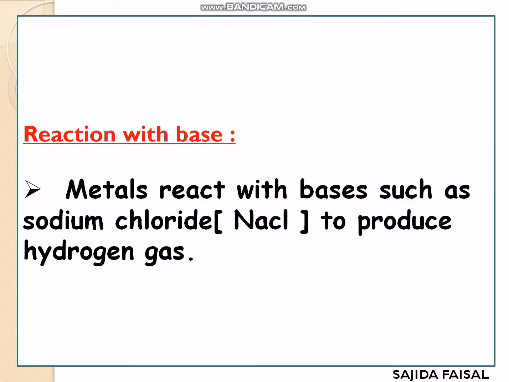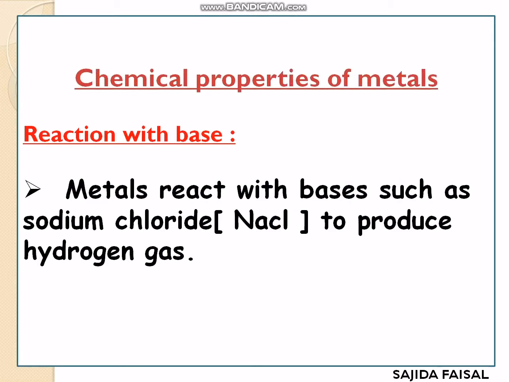Then reaction with base in chemical properties of metal. We already learned reaction with water, reaction with oxygen, reaction with acids in the last class. Now reaction with base. Metals react with base such as sodium chloride.